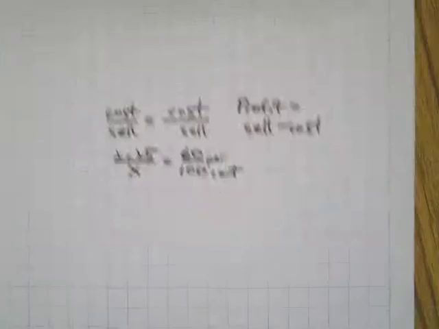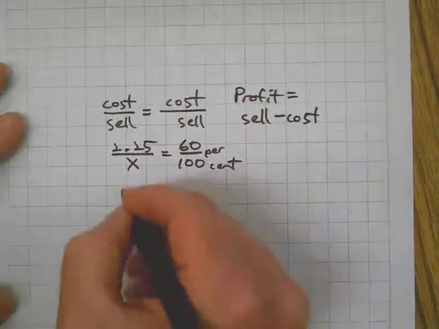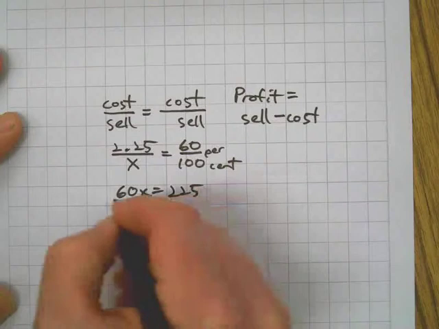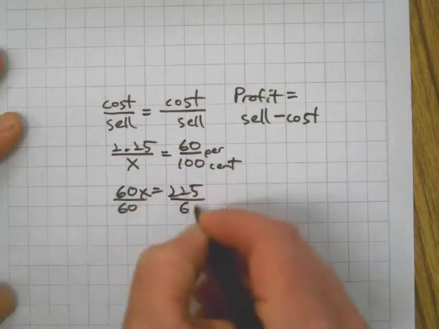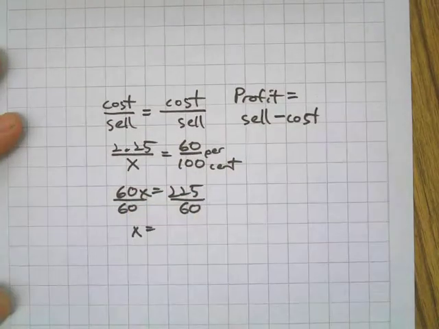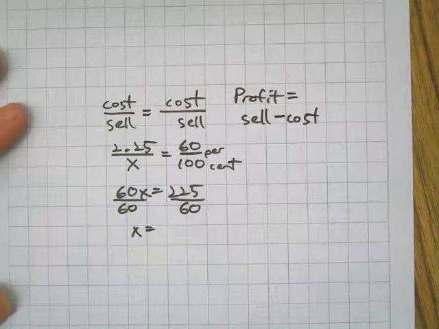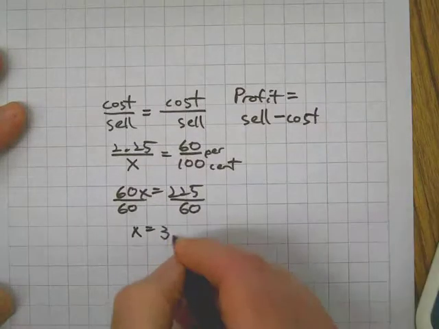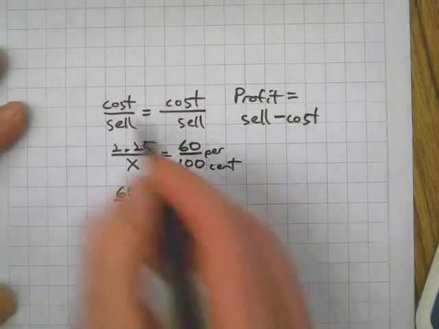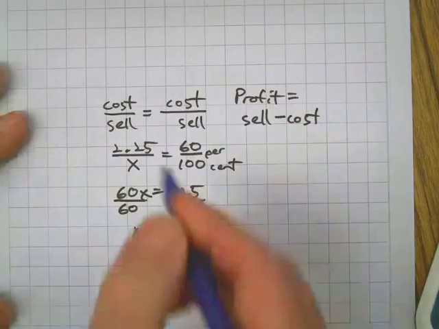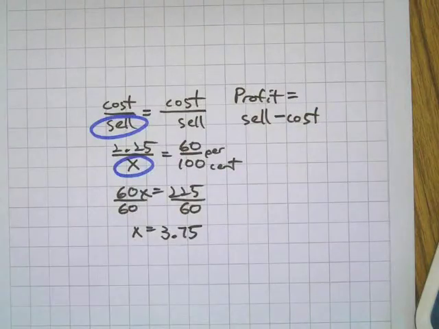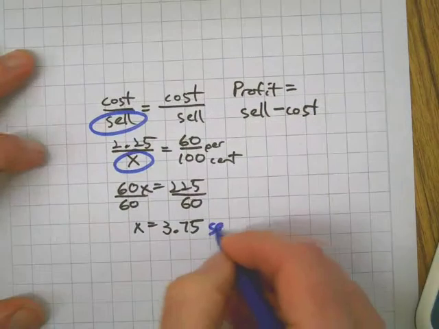Now we're going to get it. We're going to get it now, don't worry. Cross multiply. Divide. $375. What's $375 mean for this problem? That means that's our selling price.